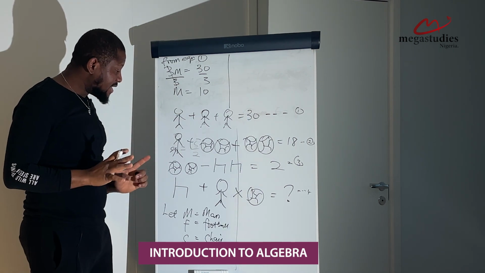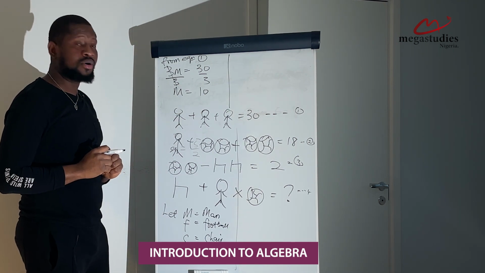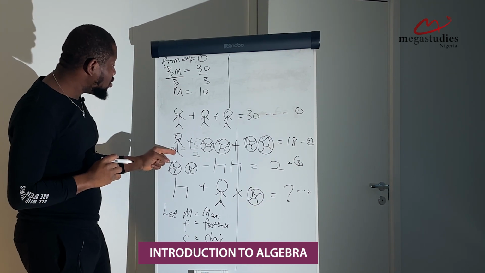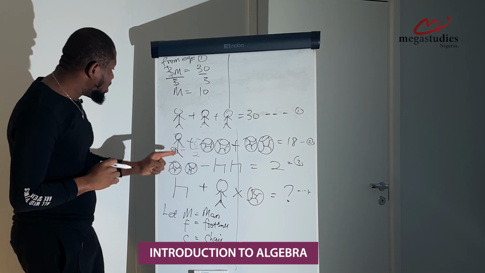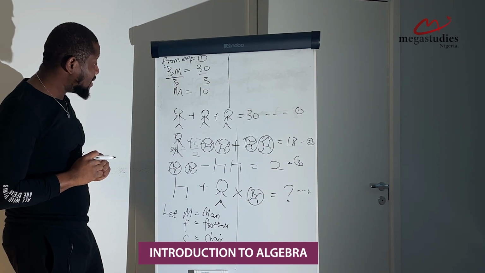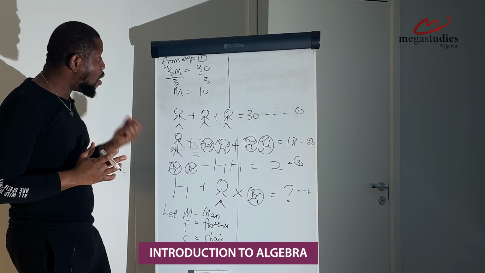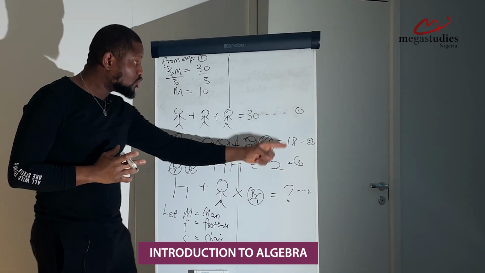But we are not ending there. Let's look for the football. If we are analyzing that of the football, we already know the value of man, which is 10, but we don't know the value of the football. So it would be nice for us to also compare from equation 2.